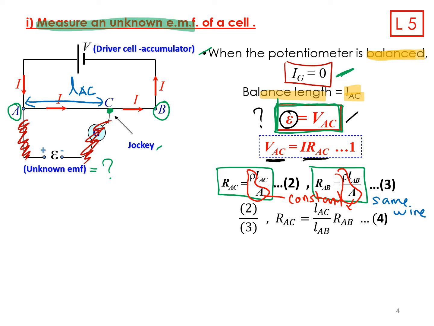And you can do the ratio. Just do the ratio between equation number 2 and equation number 3. After that, the equation becomes RAC equals to LAC over LAB multiplied with RAB. After you do the ratio, you can cancel out your resistivity and cross-sectional area.